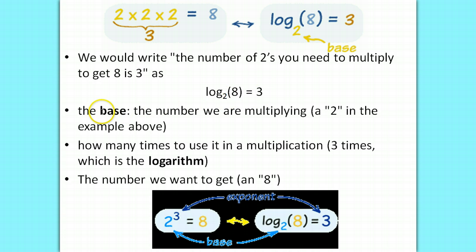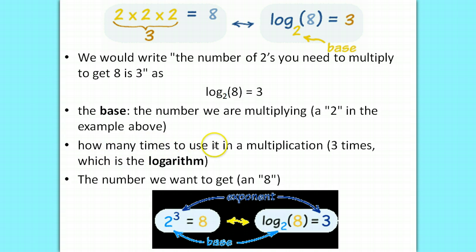You have a few components to the logarithm. First one is the base, and that's the subscript number right here, the small number down below. That's really the number that you're multiplying by itself, the number that's raised to the exponent, but we put it down here in logarithmic form.